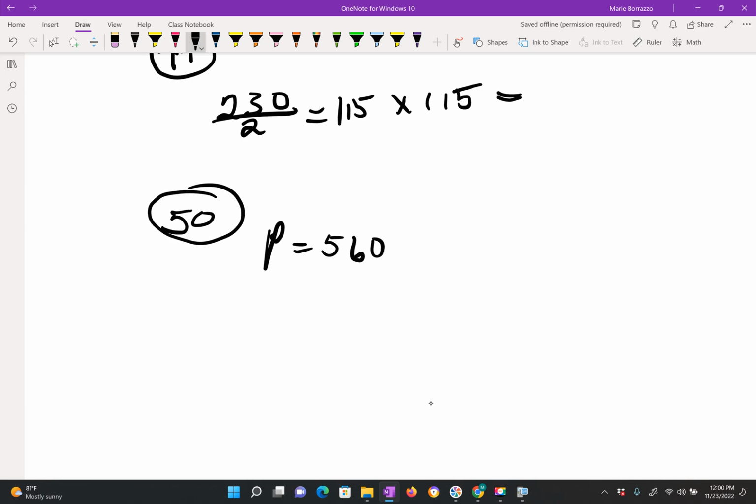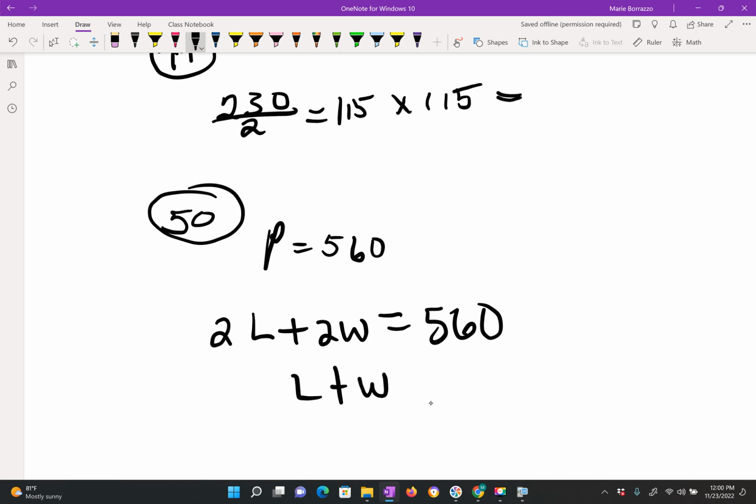So first thing I would think of is twice length plus twice width. I love how I say length and width and I write down the absolute opposite. And this is equal to 560. So that means that length plus width is equal to 280.